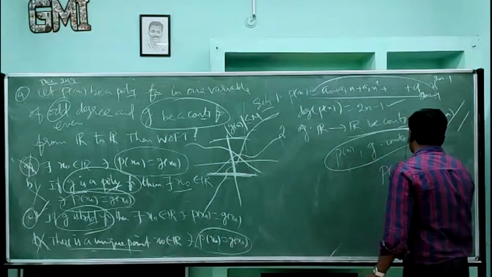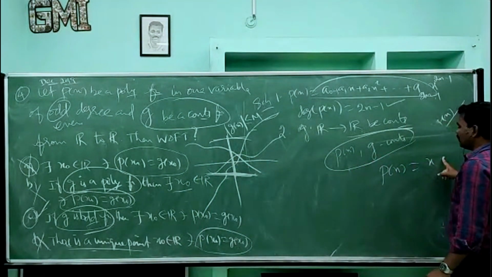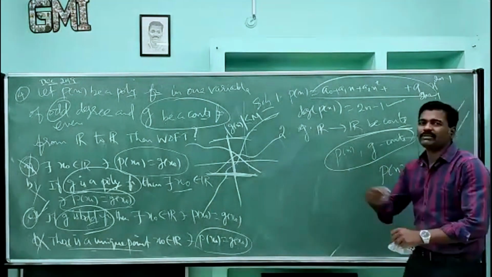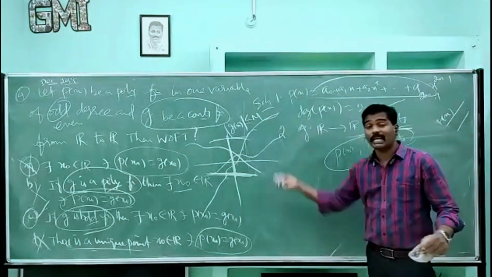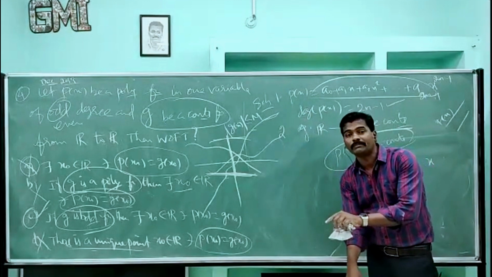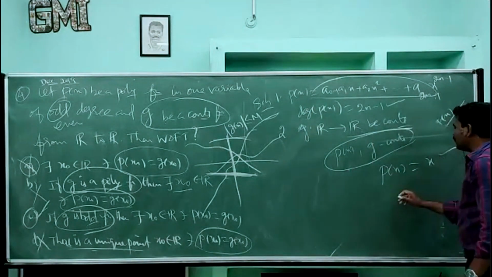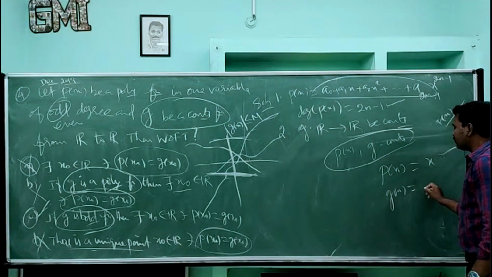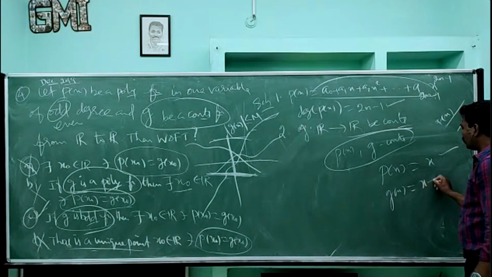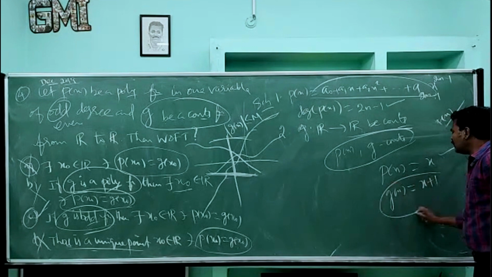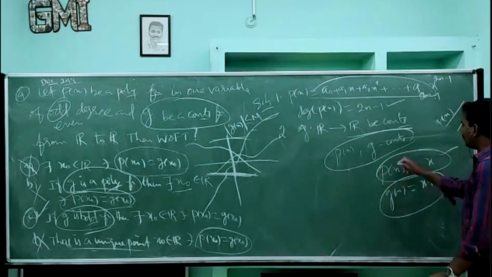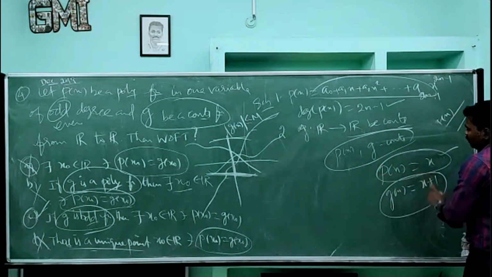False means we have to give at least one example. True means you take any odd degree polynomial and we have to prove it. Okay. P of X is an odd degree polynomial, and I am taking G of X equal to X plus 1. This is a continuous function. This is an odd degree polynomial, but they don't have a common point.